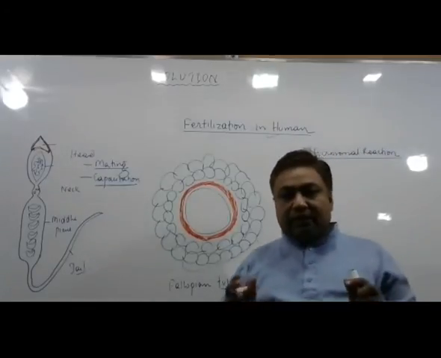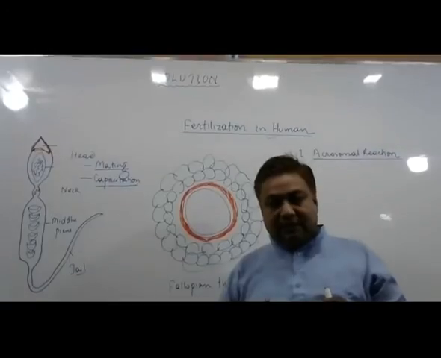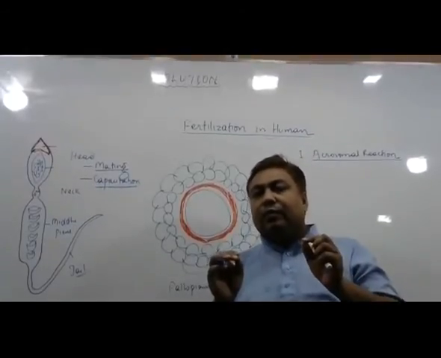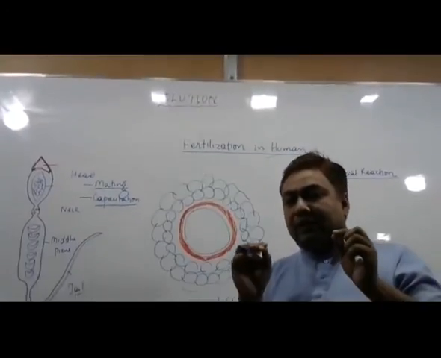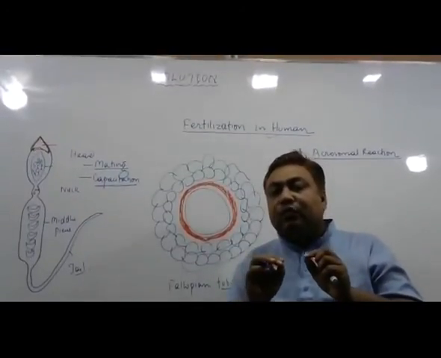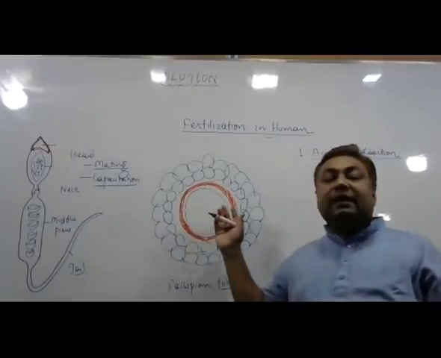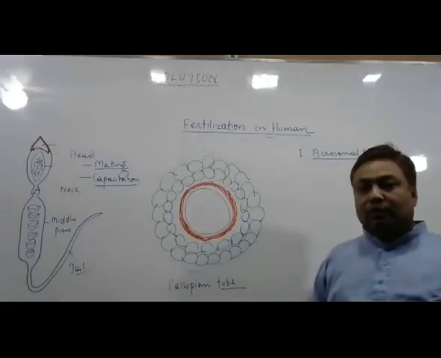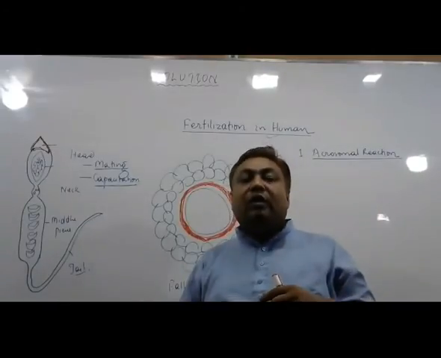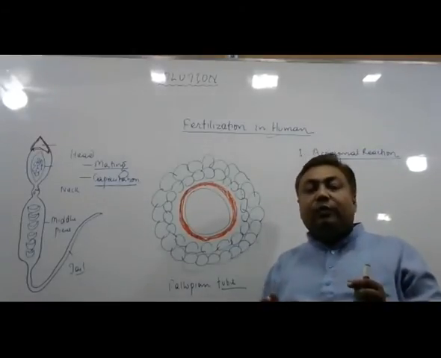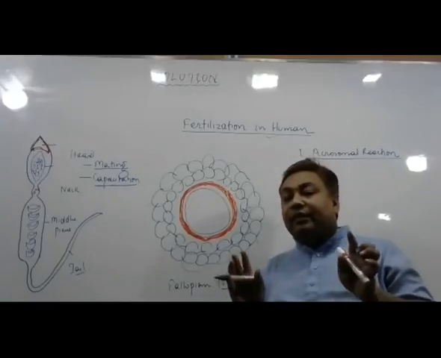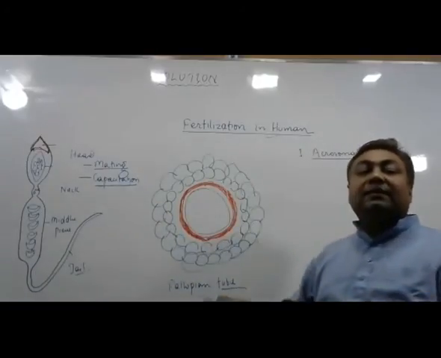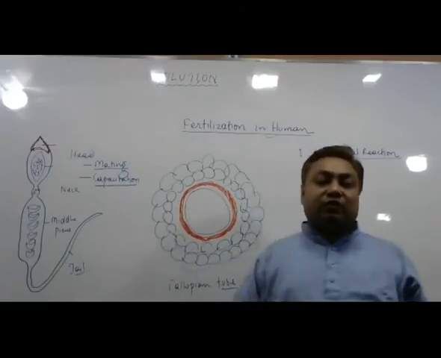The state in which this secondary oocyte is: it has entered meiotic division, and the first meiotic division, meiosis 1, is completed, and it gets arrested in meiosis 2, because the factors required for the functions of meiosis 2 are absent, and they will remain absent till the genetic material of a sperm passes into the cytoplasm of the secondary oocyte.